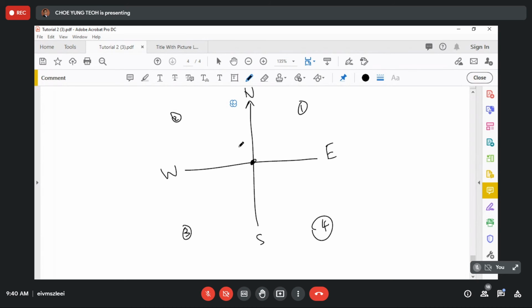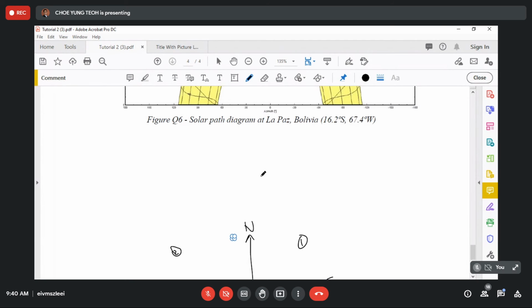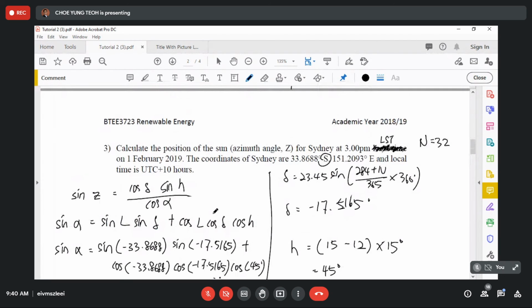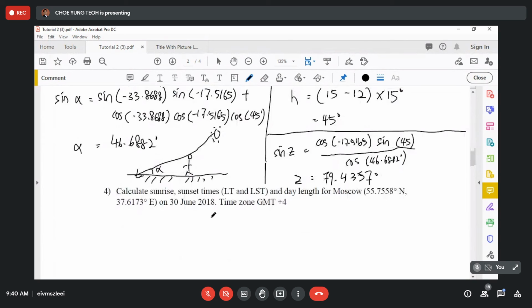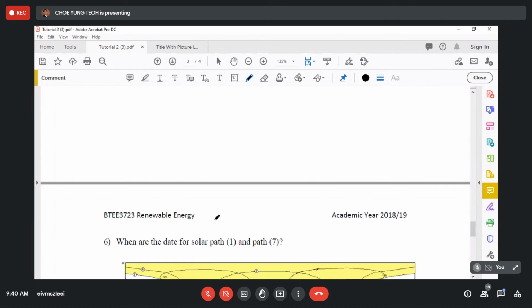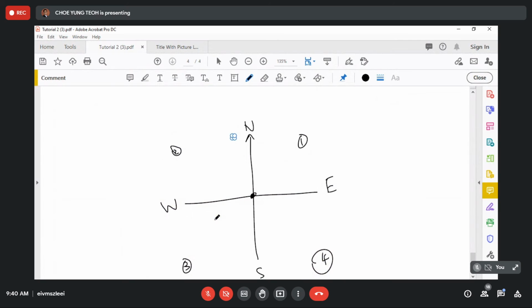So you want to find their location. So where should be the location of the sun?